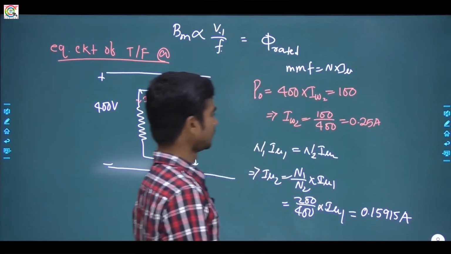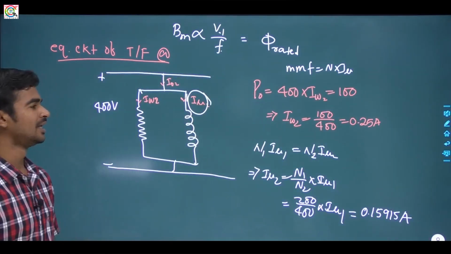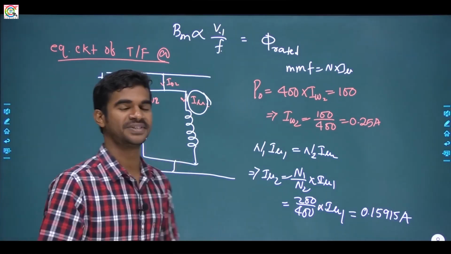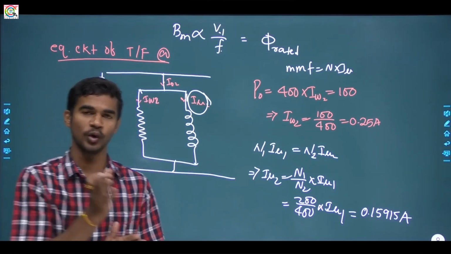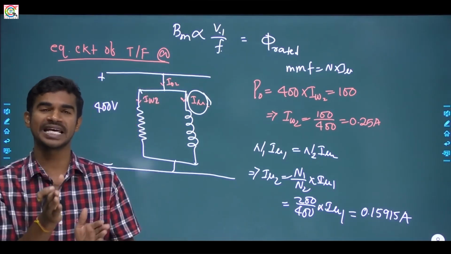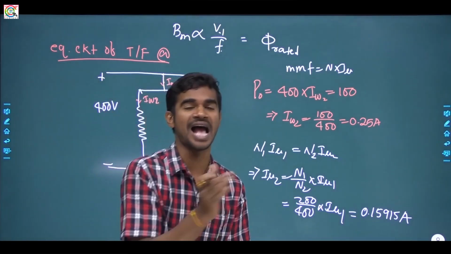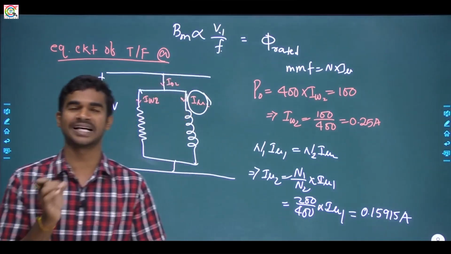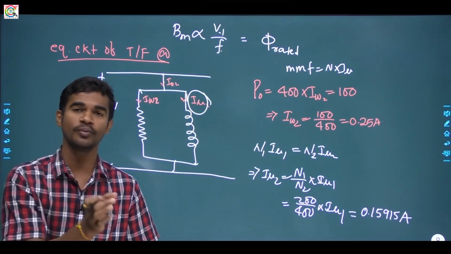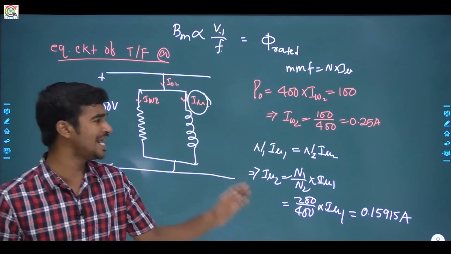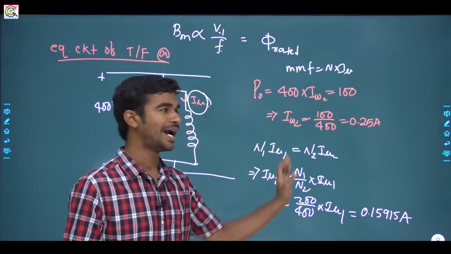Are you getting my point? Our prime objective is to get the no load current when the open circuit test is conducted on the HV side. In order to get the no load current, I need two components of current, Imu2 and Iw2.